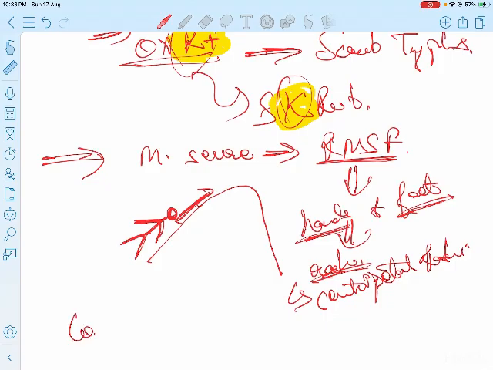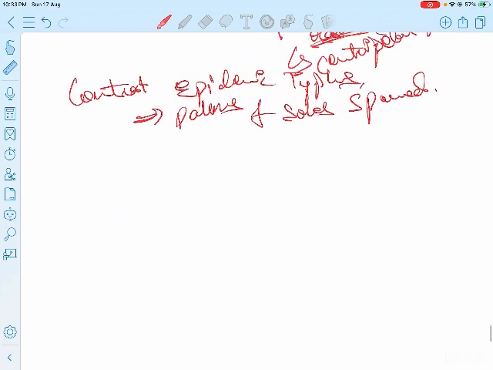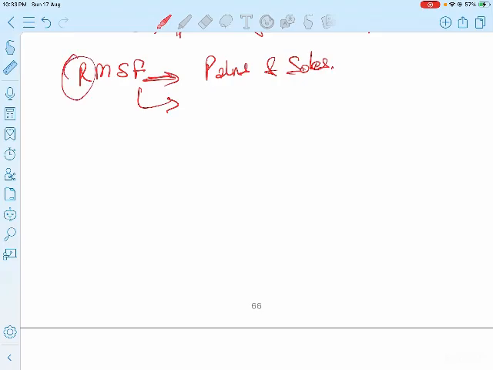This is in contrast to what happens in epidemic typhus. So what happens in epidemic typhus? In epidemic typhus, palms and soles are spared. Palms and soles spared. So in your Rocky Mountain spotted fever, palms and soles are involved, and we can remember it as R for R, wrist and ankle.